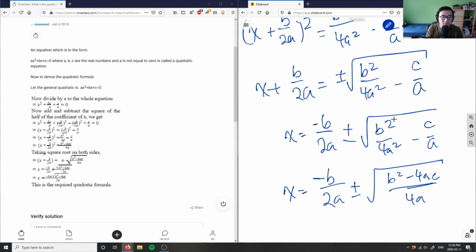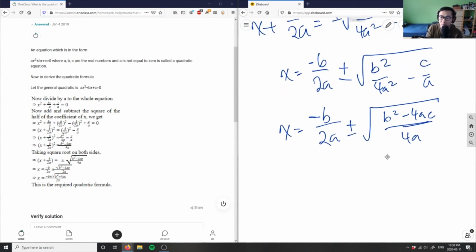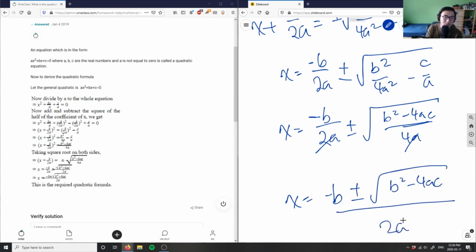And as you can see, we can cancel out the 2a. So you have x equals negative b plus or minus the square root of b squared minus 4ac, all over 2a.